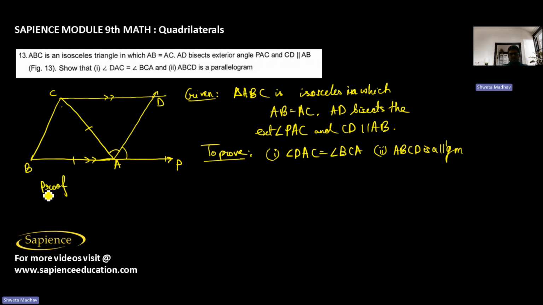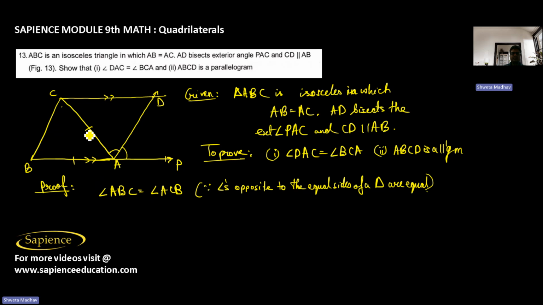Then the proof is: now here it is given that angle ABC is equal to angle ACB, since the angles opposite to the equal sides of a triangle are equal.